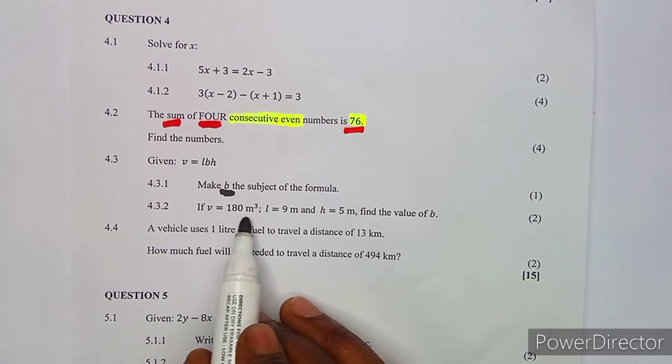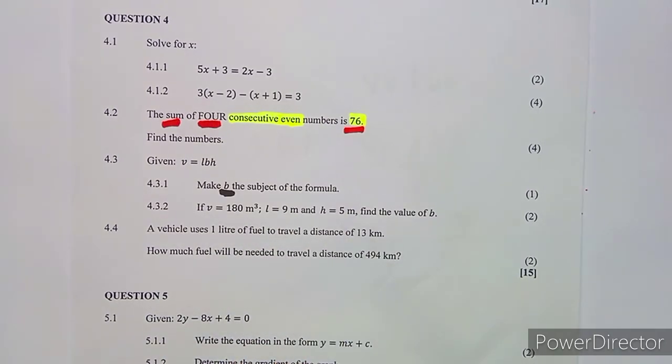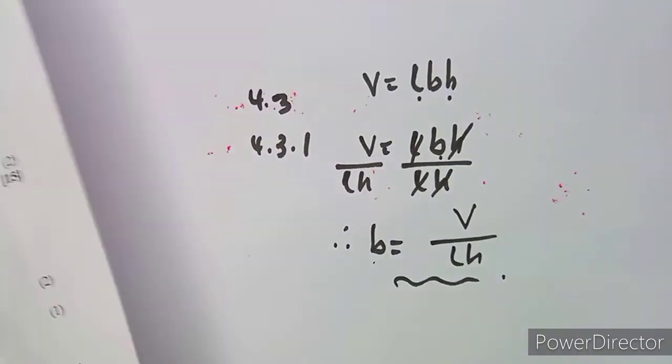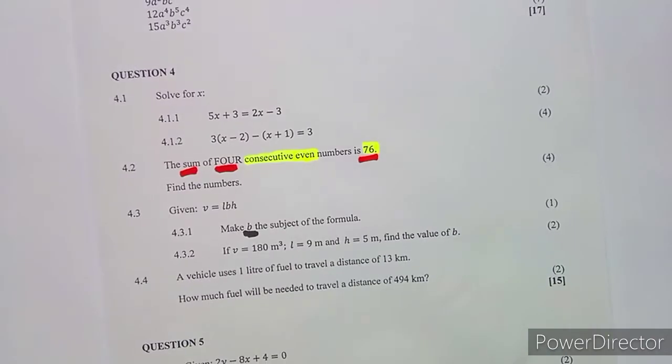Then if V is equal to 180, L is equal to 9, H is equal to 5, find the value of B. So this one you're just going to substitute, guys. Okay, so let's just substitute and see what we are going to have.